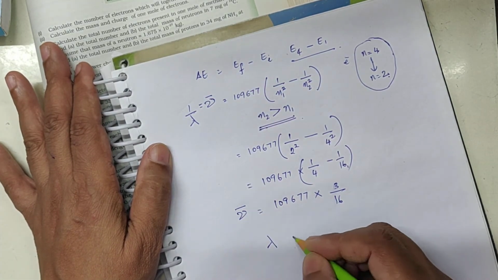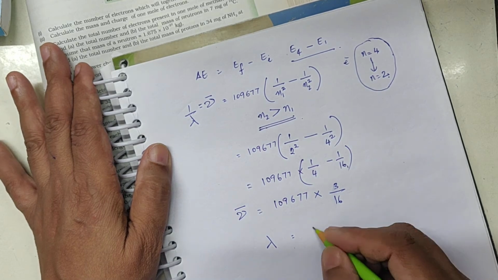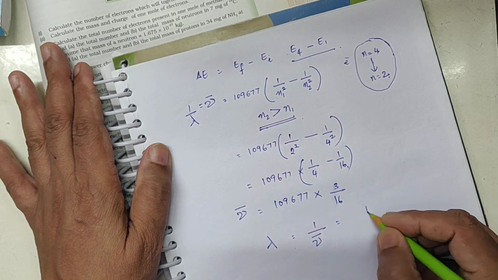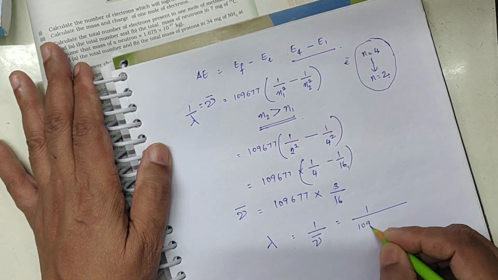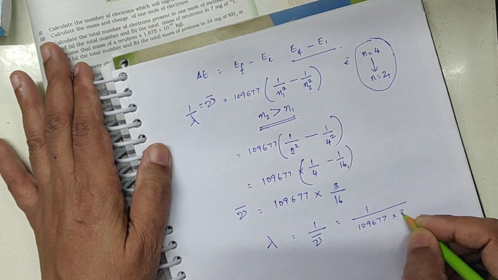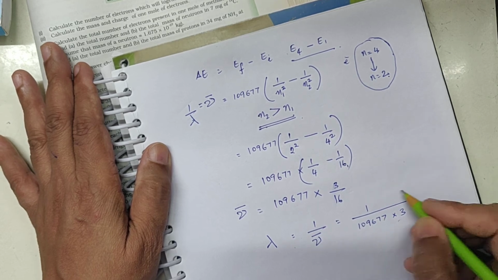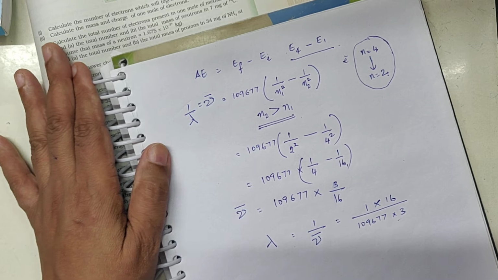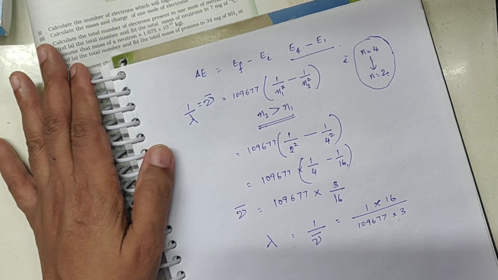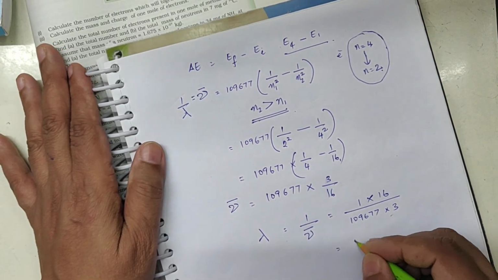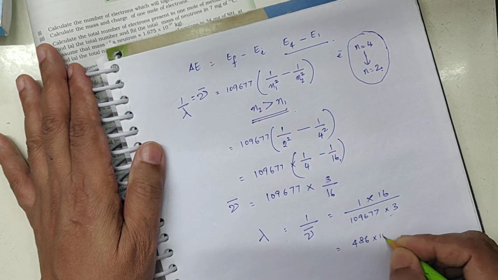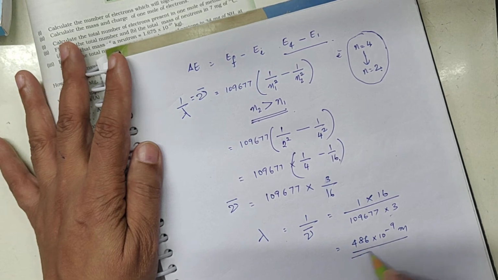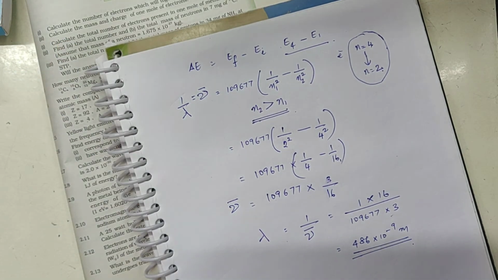So lambda is equal to 1 upon nu bar, so it is 1 upon 109677 into 3. This 16 will go up. This will be your answer. This is coming out to be 486 into 10 power minus 9 meter wavelength.